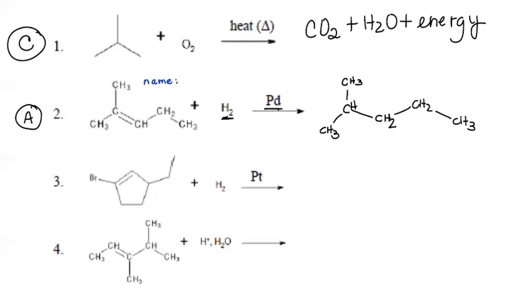Yes, just the ones that were double bonded are the ones that get the hydrogens. Because remember that the addition happens to the atoms that were double bonded. Let me highlight that. So these guys had the double bond, so these guys get the hydrogens.